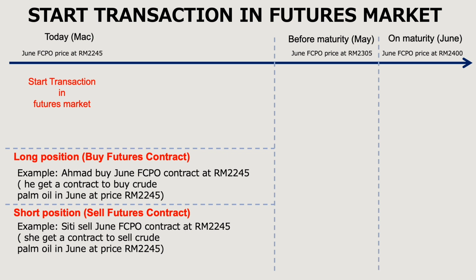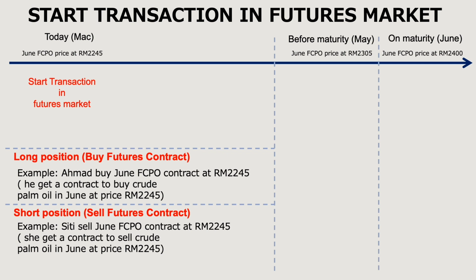When you take a long position in the futures market, or you buy a futures contract, you actually get a contract which states that you agree to buy crude palm oil in June at price RM2245.